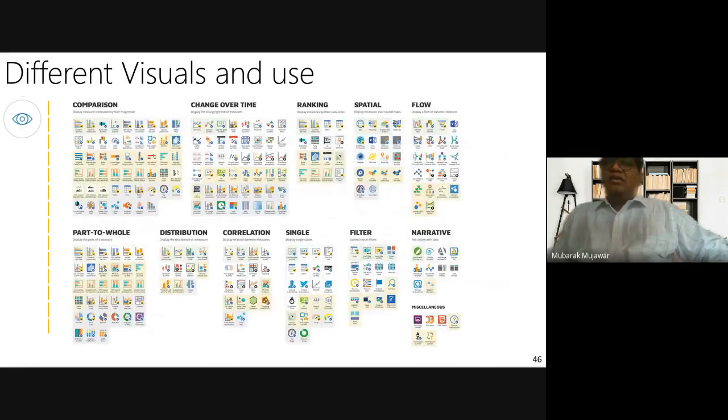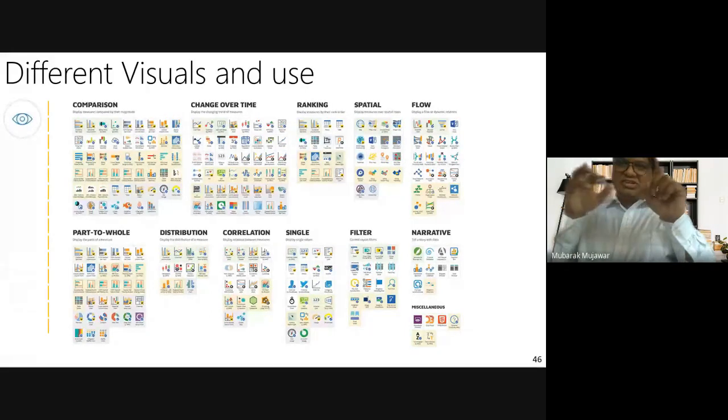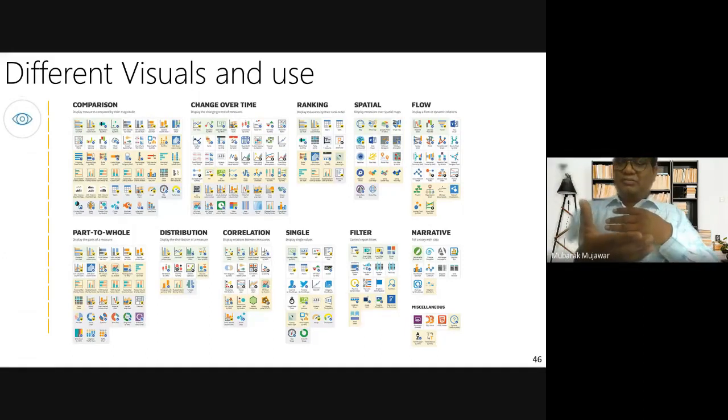Now, here are different visuals and their uses. There are different visuals for doing comparison, looking at change over time, and ranking. The good thing about Power BI is they have a special section for creating geospatial maps, or showing the data on a special location.